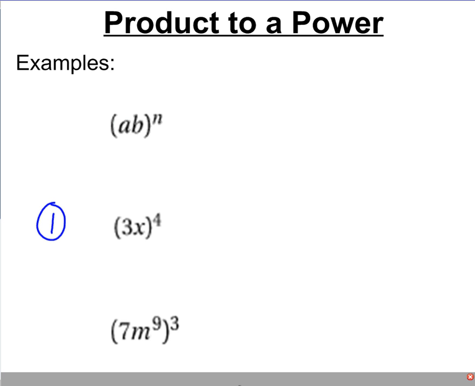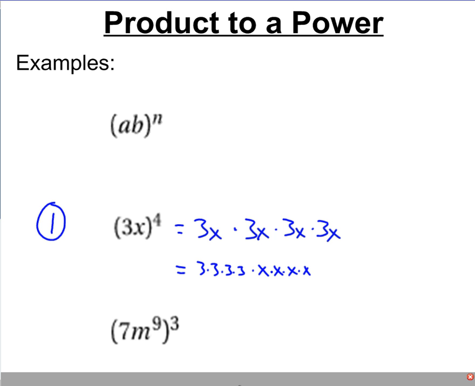3 times x raised to the 4th power. So really, you're saying you have 3x, or 3 times x, multiplied by 3 times x, multiplied by 3 times x, multiplied by 3 times x. There's 4 of those because it's raised to the 4th power. Now, if we rewrite this, where we have all the 3's in front, this would be 3 times 3 times 3 times 3, and then we have all the x's together, x times x times x times x.